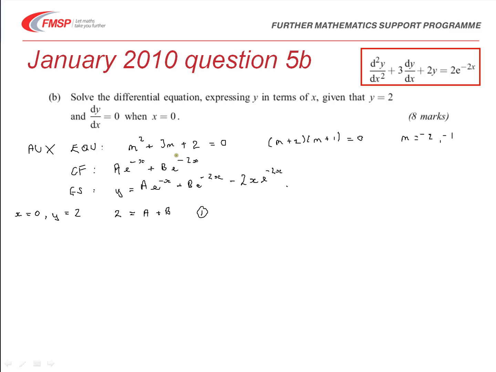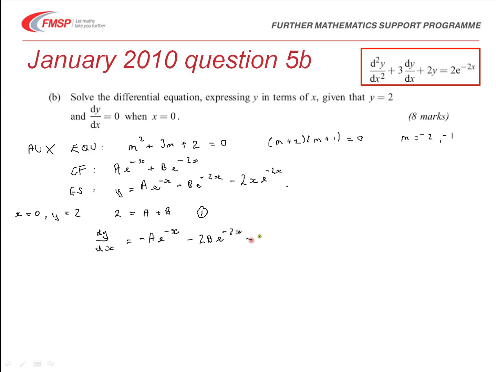Now, to substitute in for the second term, we've firstly got to find dy/dx from our general solution. So we've got to differentiate our general solution. So that gives us -a e^(-x) - 2b e^(-2x), and then we've got a product here, so again we differentiate.